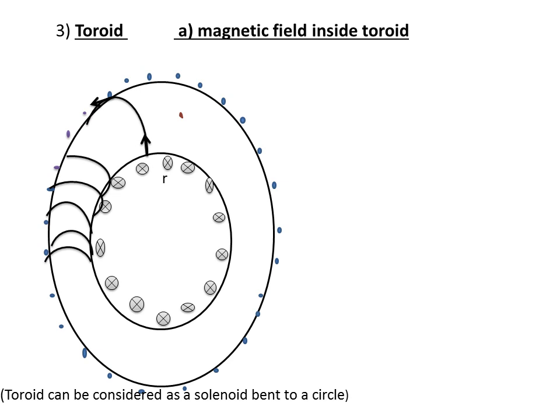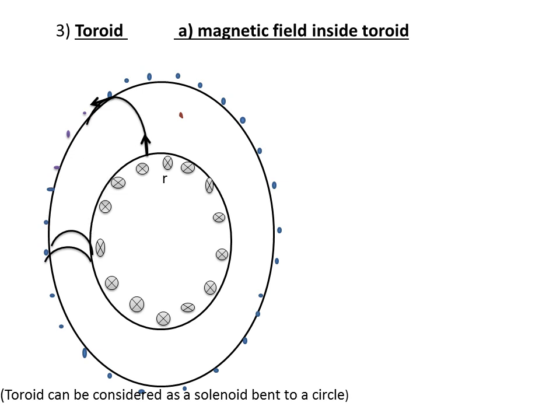Now we are going to the third application of Ampere's circuital law, toroid. Here we have a circular ring on which insulated wires are wound very close together. It forms a toroid. Here we have drawn some wires. If we draw all the wires, it will be difficult for us to explain.